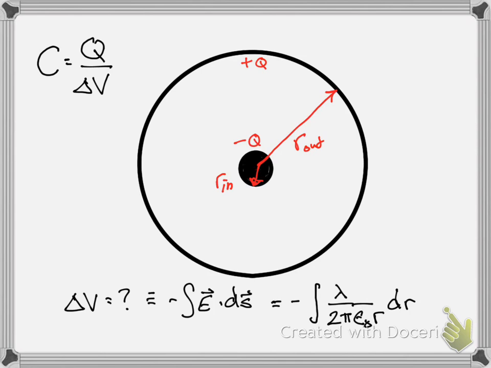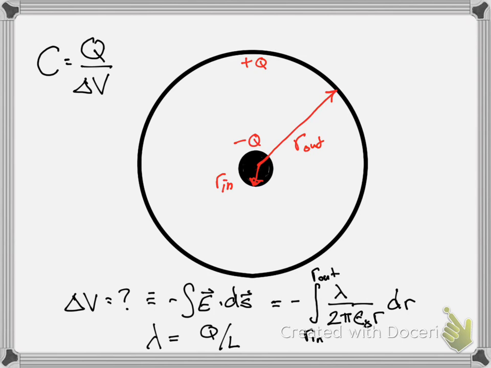We want to know the potential difference between the inner radius and the outer radius, so it's from R in to R out. And so we're going to go ahead and do this integral. We've done this integral before. We figured this out. Look in your notes. Look in the book.